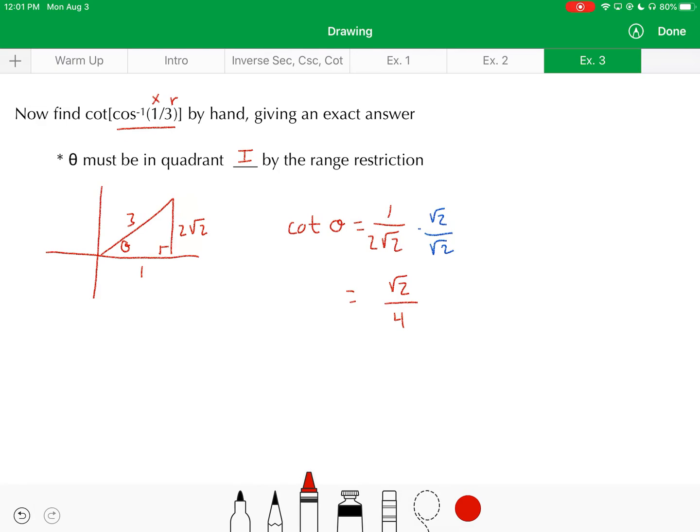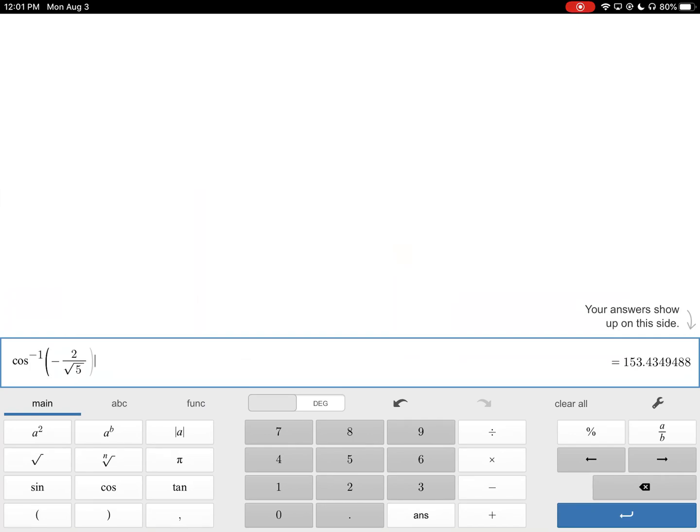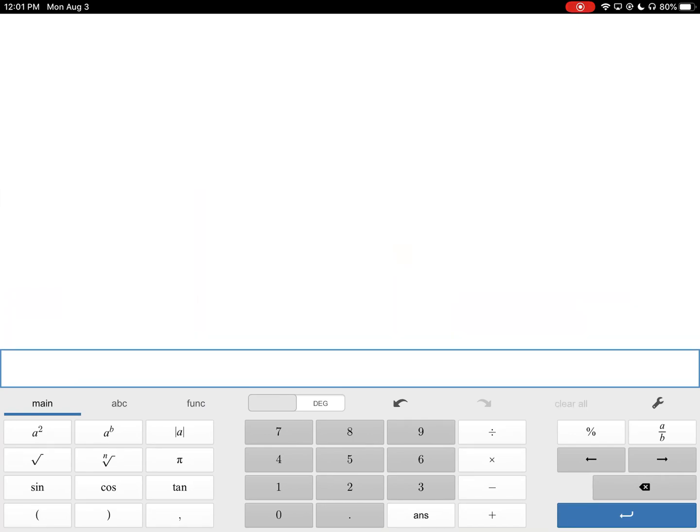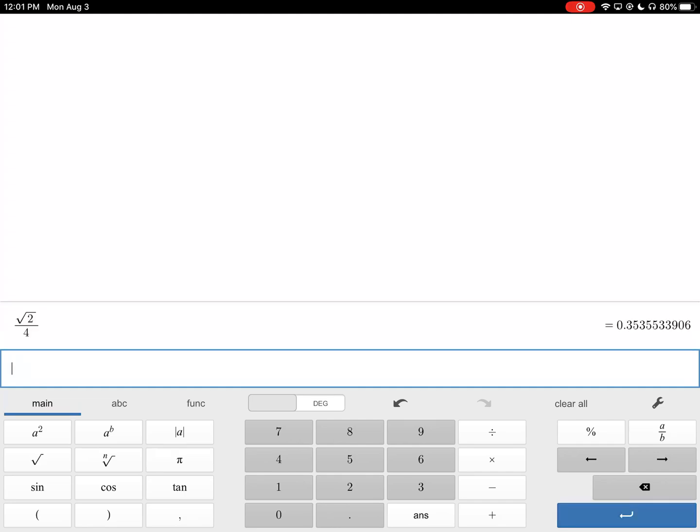And of course, I could check this on the calculator. We typed in radical 2 over 4. There's an approximation for it, 0.35. And then type in cotangent, which would really be 1 over tangent.